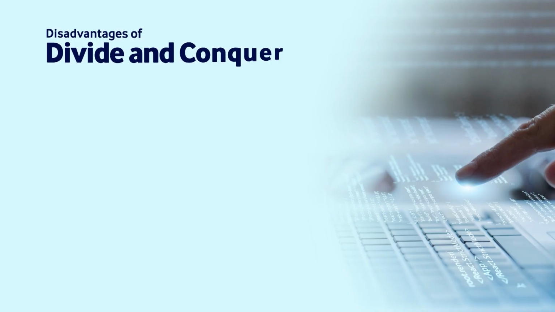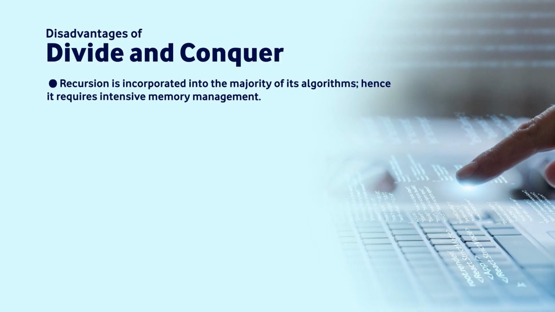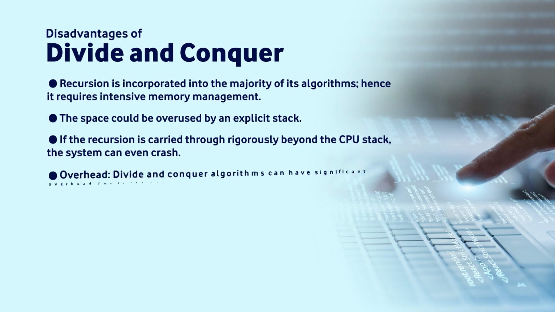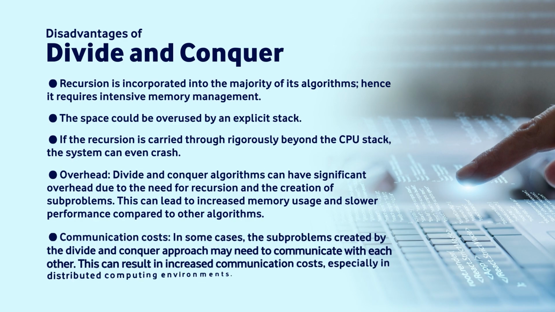Now moving forward, we are going to discuss the disadvantages, limitations or issues that are faced in a divide and conquer method. The first limitation is that because it follows a recursive technique, it will be calling the function itself again and again.